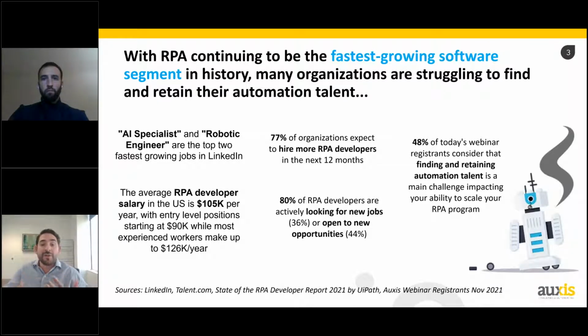And we actually saw that with a lot of the responses that you guys gave us, with 48% of you who registered for this webinar saying that finding and retaining automation talent was one of the main challenges that you guys were seeing within your RPA program. So all of this really leads into, how do I make this a stable, cost-effective and scalable solution for the whole organization?